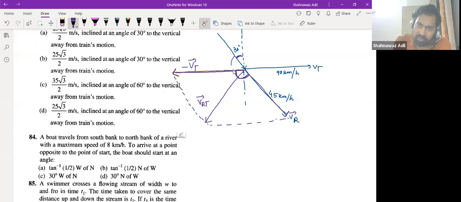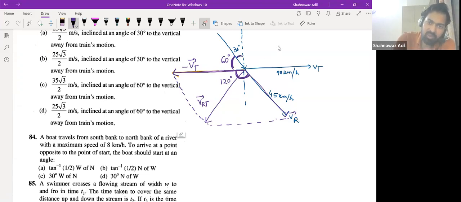So this would be how much, Rishita? 60. 60, right? And then this is 60, which means that this angle would be 120, right? Yes, sir. So this is the angle between two vectors. The angle between VT and VR is 120.